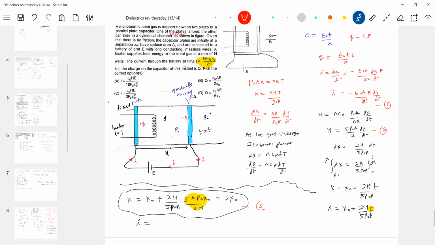This is equation 3. Solving 1, 2, 3 we will get the expression for current. And afterwards, what is the expression for charge? Substituting x equal to 2x naught we will get the charge. Solve 1, 2, and 3 and you'll get the expression for current. This will be the option, sir.